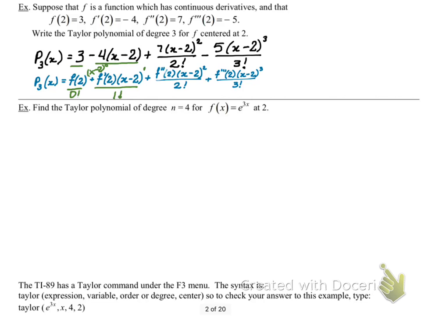So everything matches up. When you have the first derivative, you also have the first power. Not only do you have the first power, but you also have the first factorial.